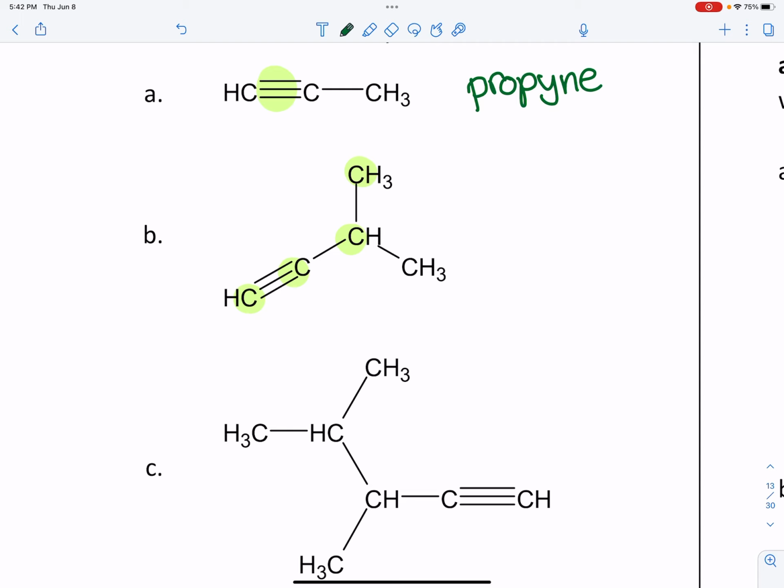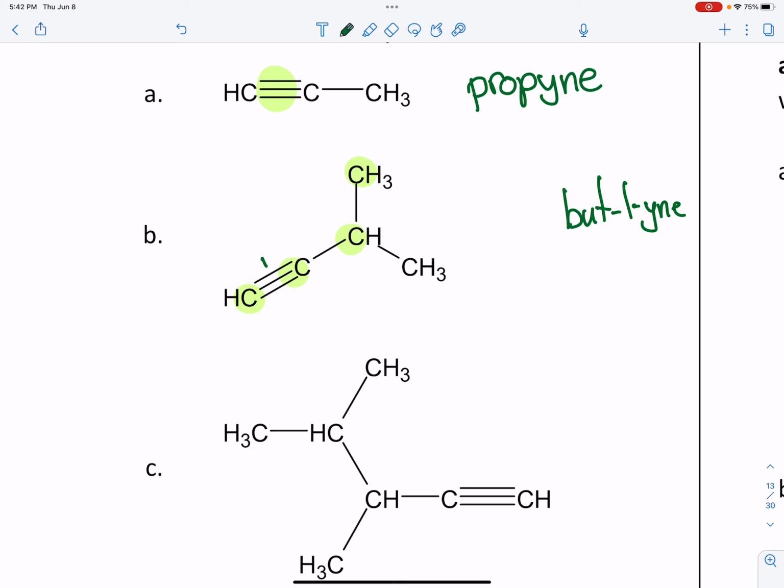So now, just like with the alkenes, we're going to have to say which bond is the triple bond. And just like in alkenes, we'll number from the end closest to the triple bond. So the first bond is the triple bond. So the IUPAC way of naming the parent chain would be but-1-yne.